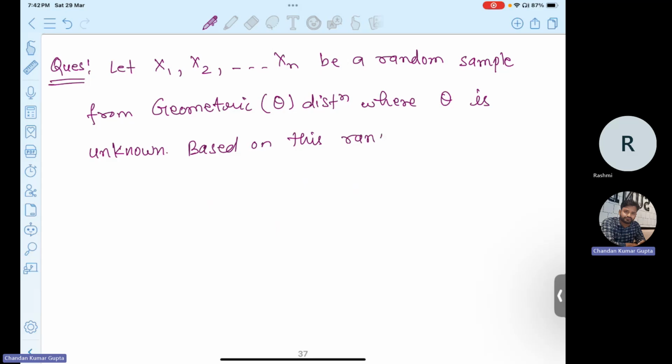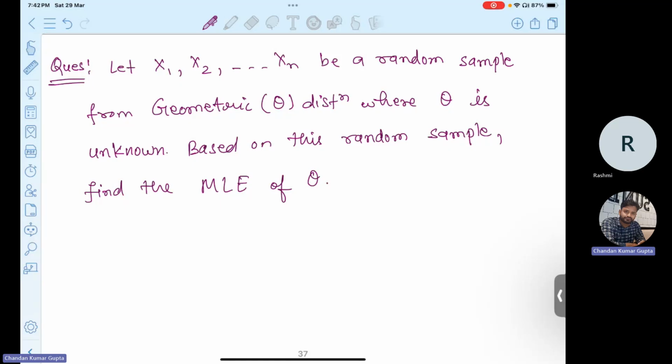Based on this random sample, find the maximum likelihood estimator, the MLE, of the parameter theta.